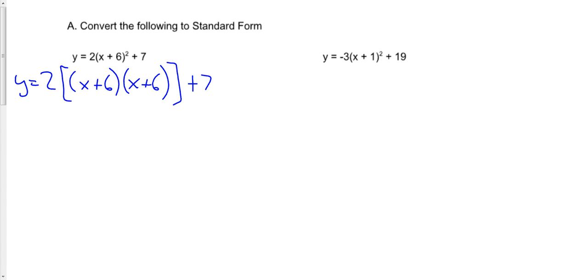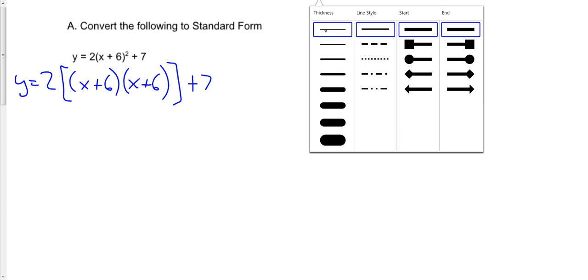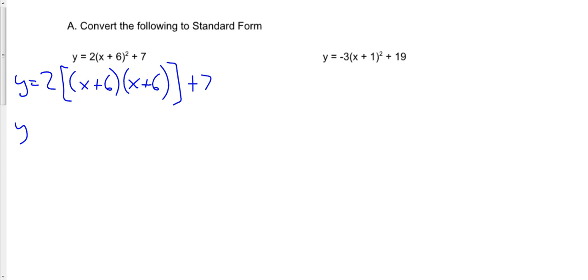So what I need to work with at this point is this component right in the middle. I need to expand that out. I need to multiply those two binomial pieces together. So I'm going to do that multiplication.